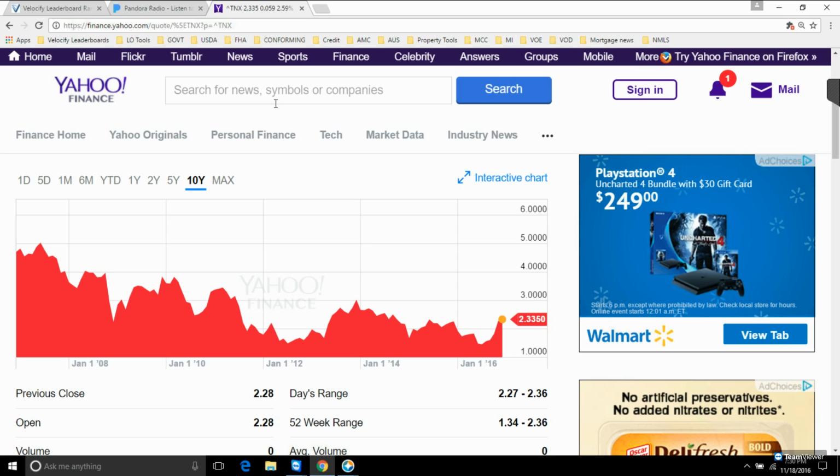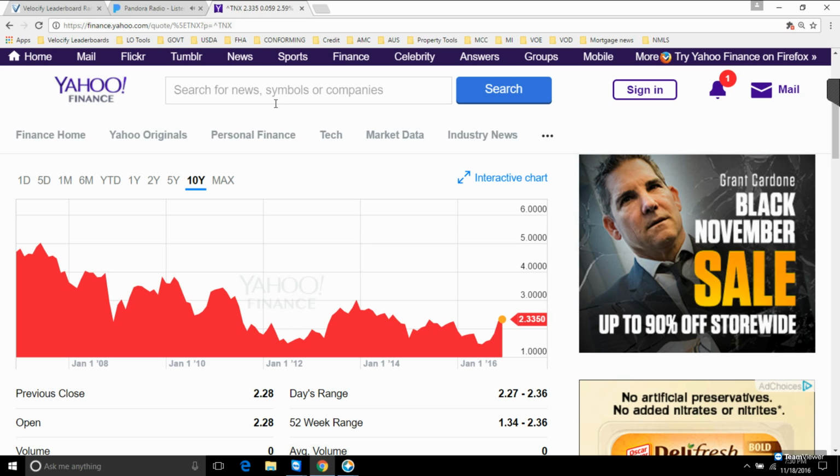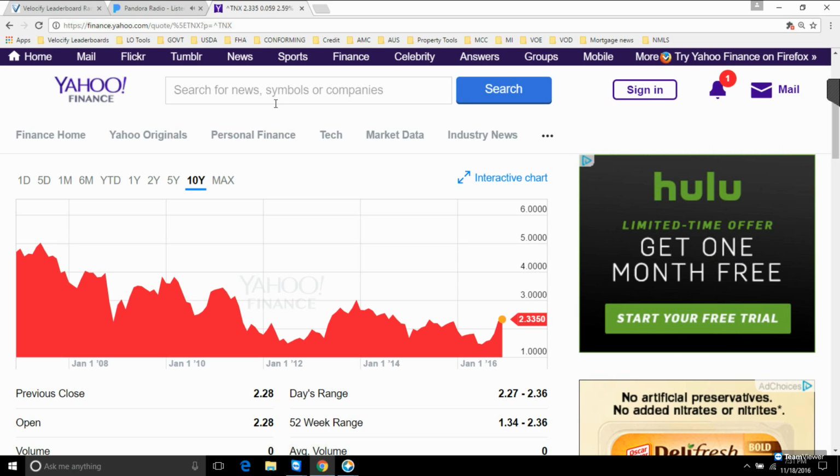If you lock 10 loans and 9 of them close, that's good. If you lock all 10 and 5 of them close, something's wrong. It's either you're bringing in loans that don't qualify, or there are other problems. So the minimum is 75%, which would be 7.5 loans that you close, and 2.5 fall out.